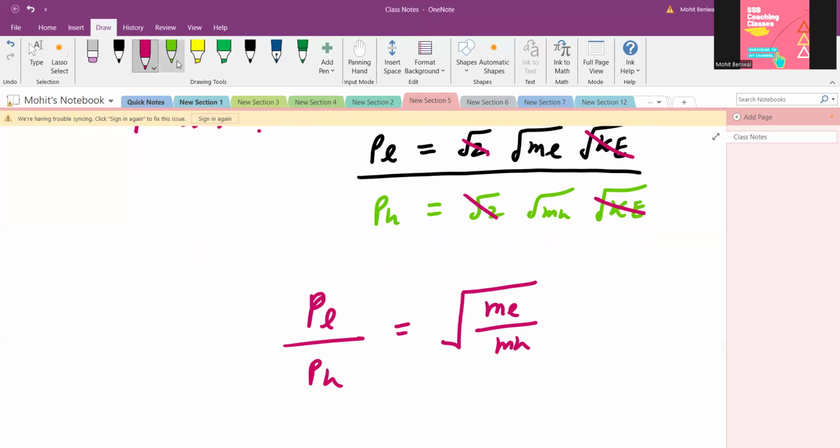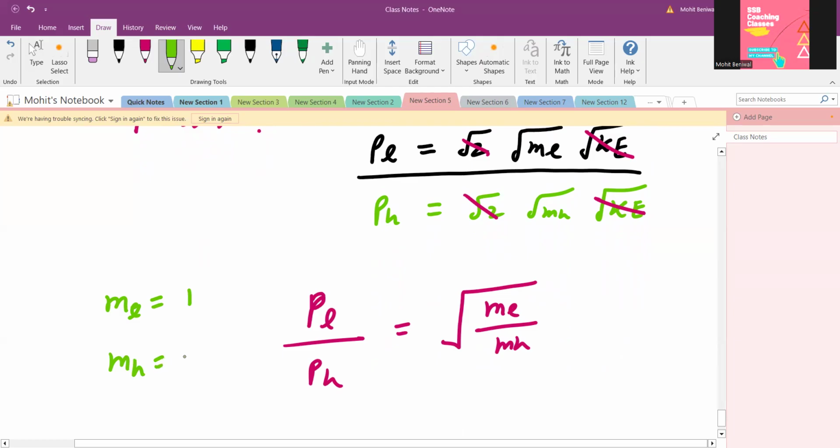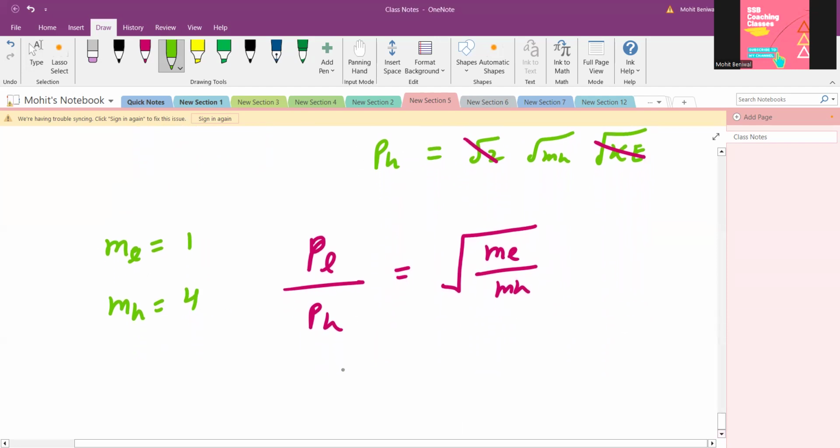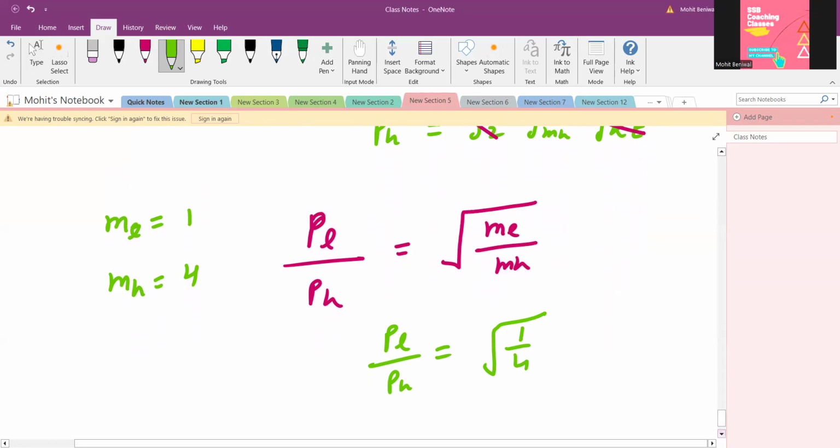Now, if I take some numerical values, for example, I can say the light object mass is 1 kg, and the heavy object mass is 4 kg. If I simplify this, then PL over PH will be square root of 1 over 4. Now you can simplify it.